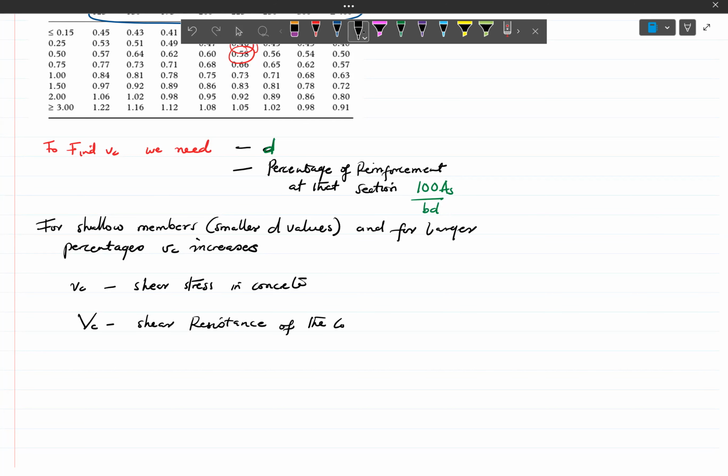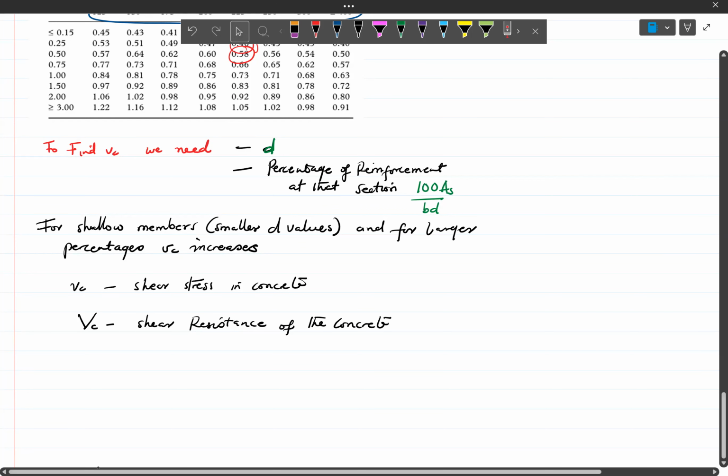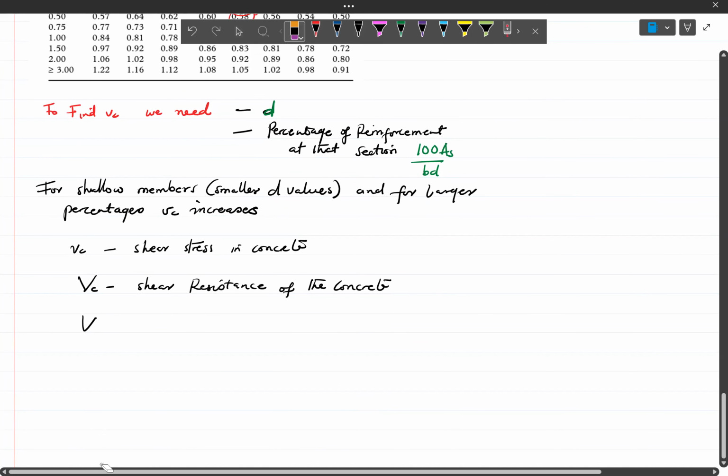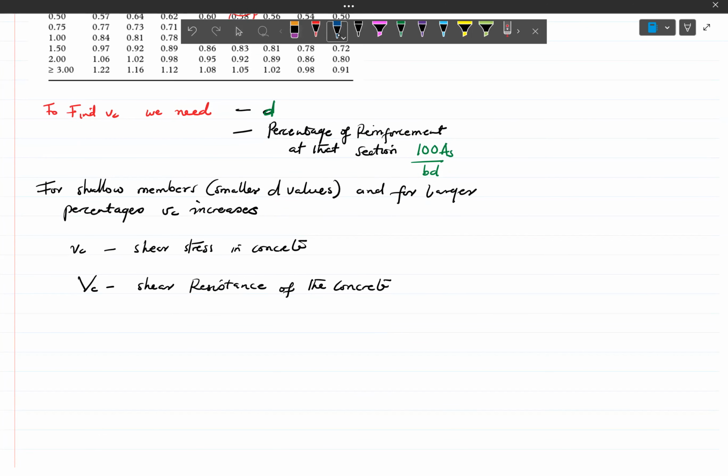So technically, if we divide the shear resistance by the cross-sectional area of the concrete, then we get the shear stress. Right. That's its basic terms.